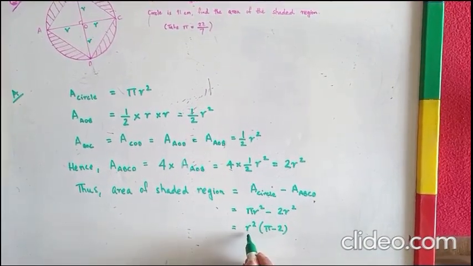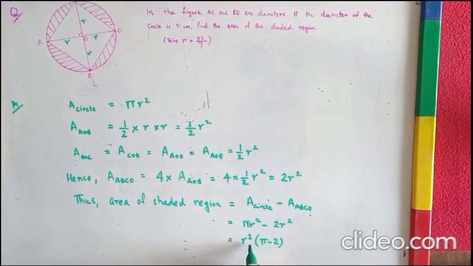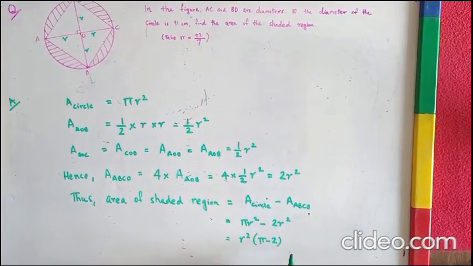Right, kids? So the area of the shaded region becomes r squared into pi minus 2.